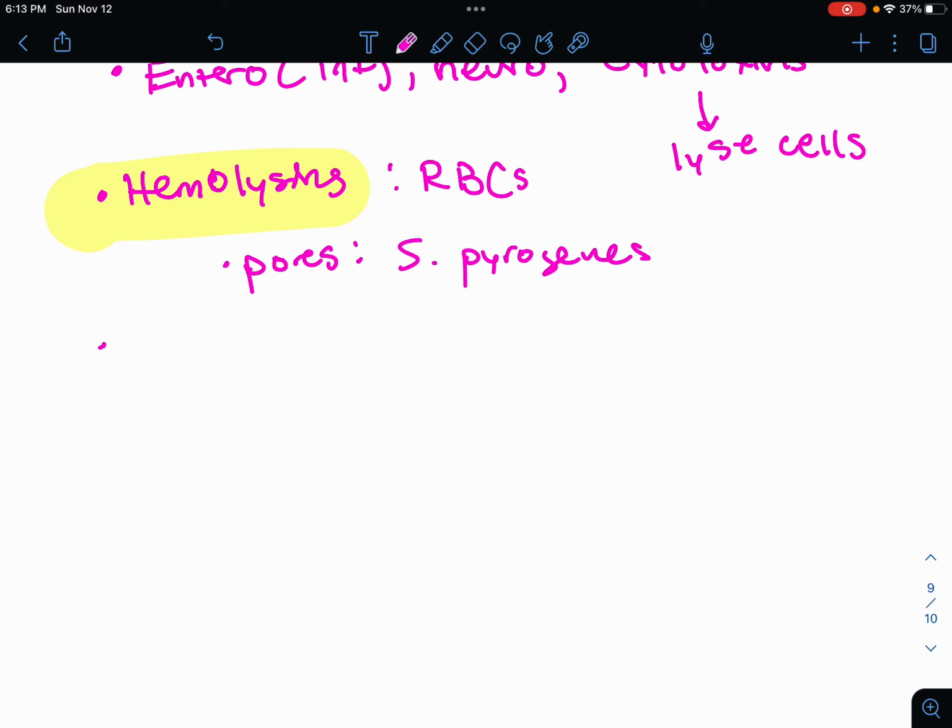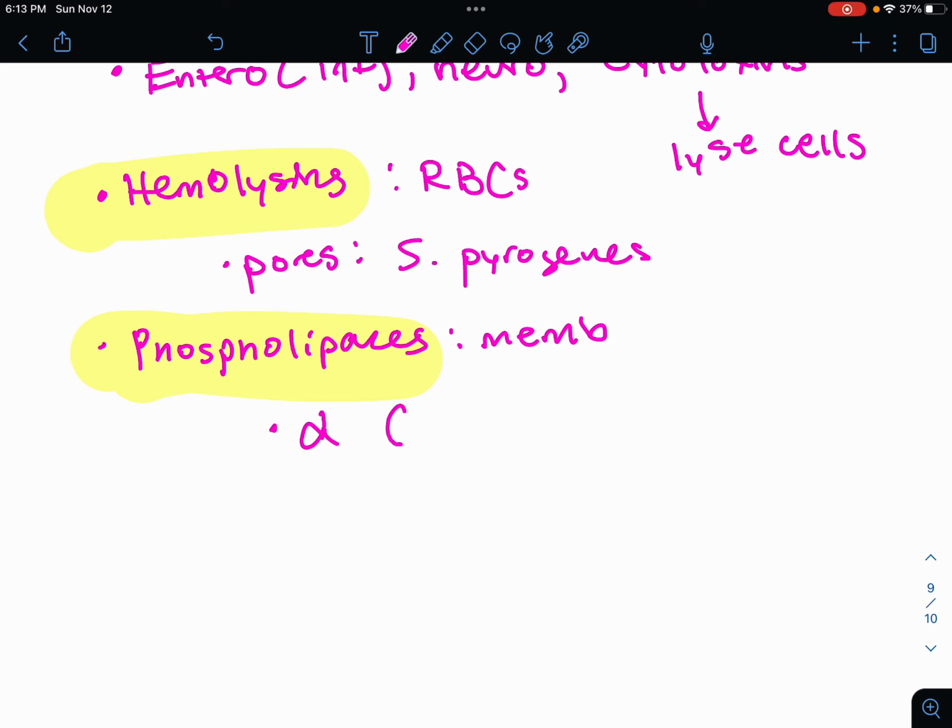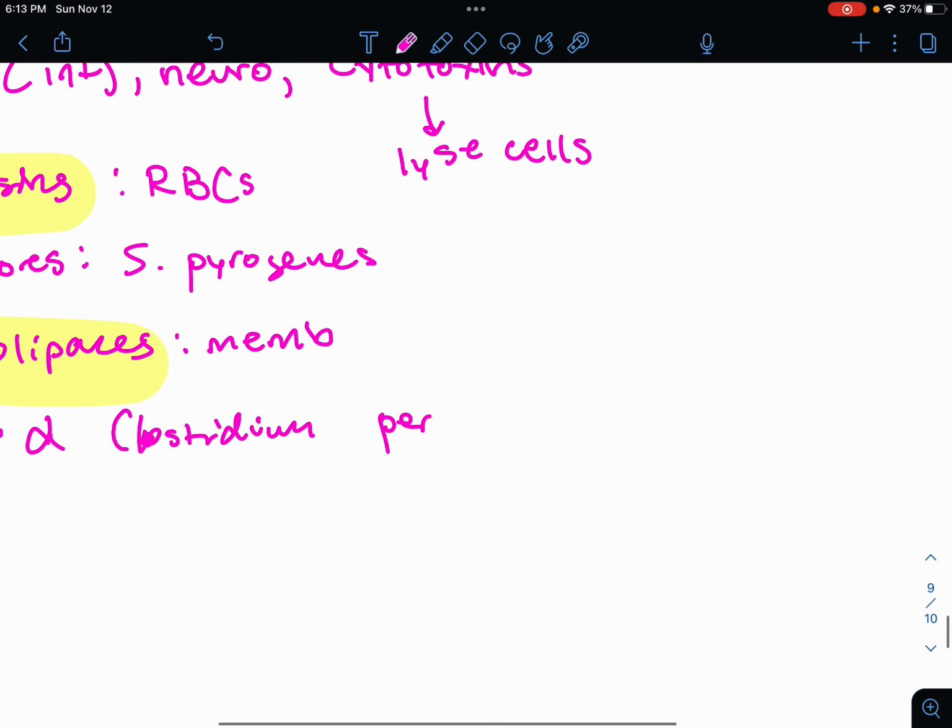There's also phospholipases. And phospholipases are going to attack the membrane. The alpha toxin of Clostridium perfringens will cause something called gangrene.